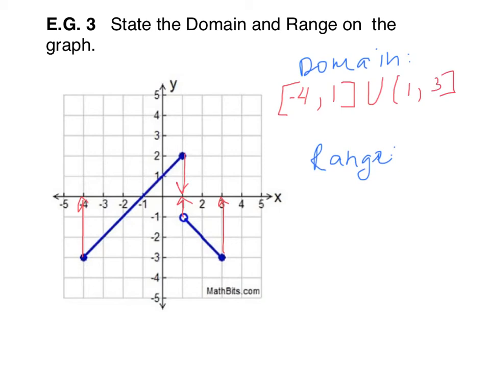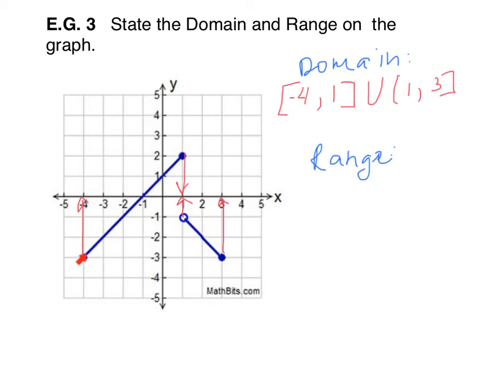So that's the domain, all the domain. The range values now means we're focusing on the y values. So going back to the beginning of this graph, it really doesn't matter which one you go with, but I'm going to do this piece. So now we're looking at the y numbers.